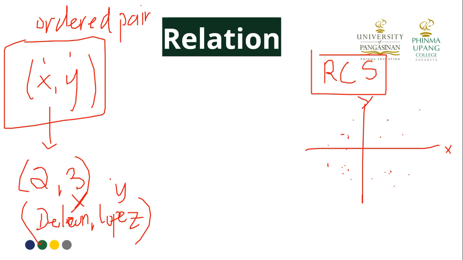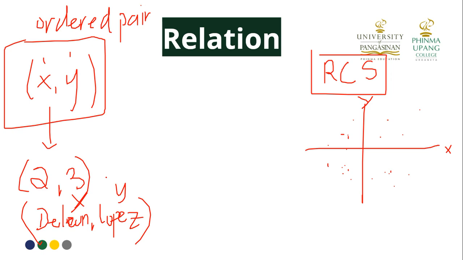Right? Once again, a relation is a set of ordered pairs that can be written in many forms. But in your modules, it seems there are only two. Actually, there are really 5 ways to represent the relation. But in your module, it says only two.